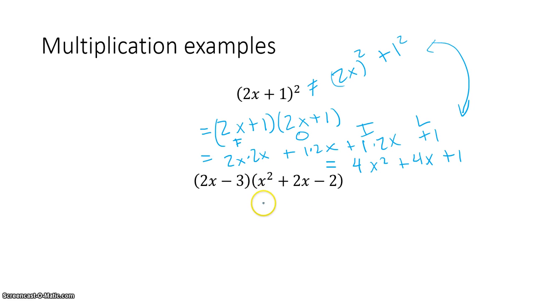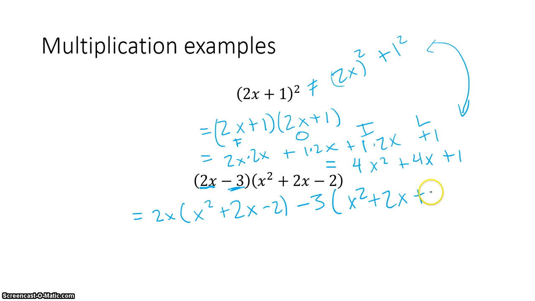But we can go ahead and use the distributive property like we did in the previous example. We'll take 2x, we'll multiply it by everything in the second set of parentheses. We'll also take the second term, minus 3, and multiply it by everything in the second set of parentheses. Oops, should be a minus 2.